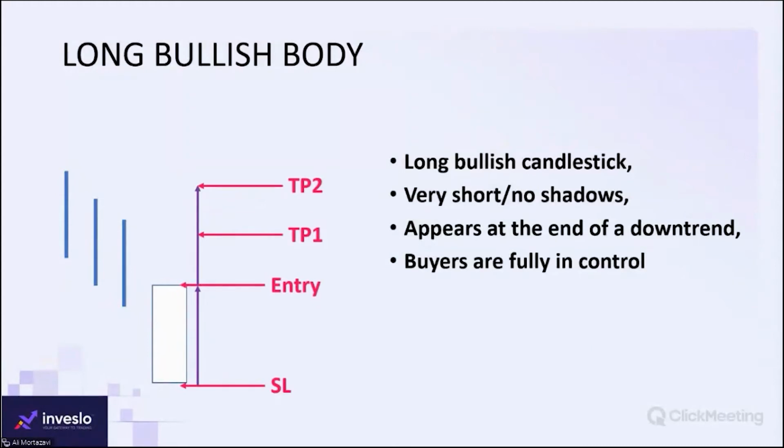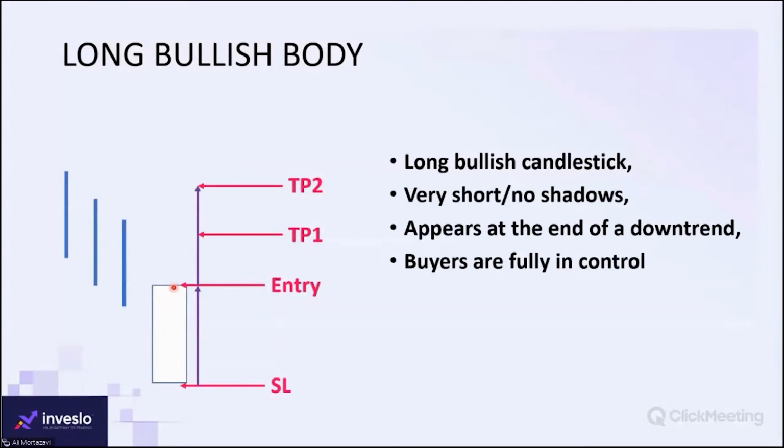The way that we can trade these candlesticks is that usually the next candlestick can confirm the persistence of the bullish sentiment in the market by exceeding the high of this bullish candlestick formed in the previous session.